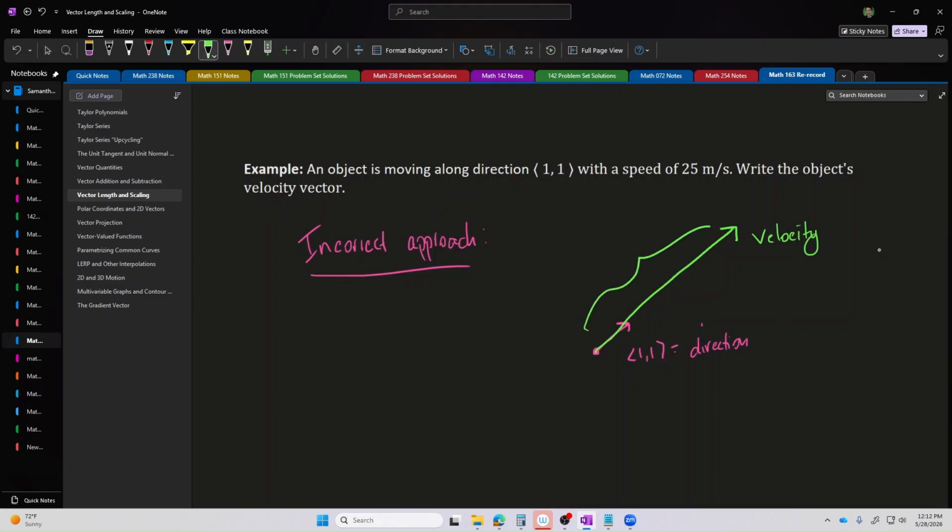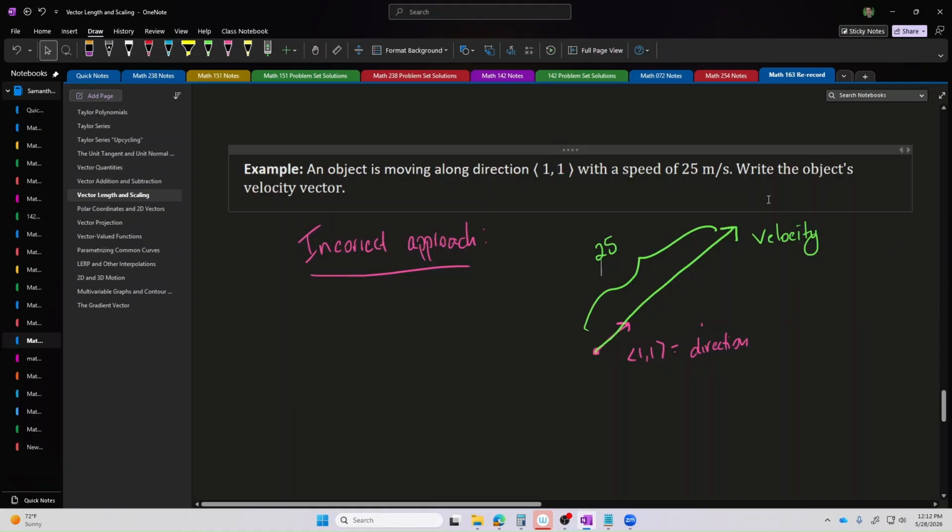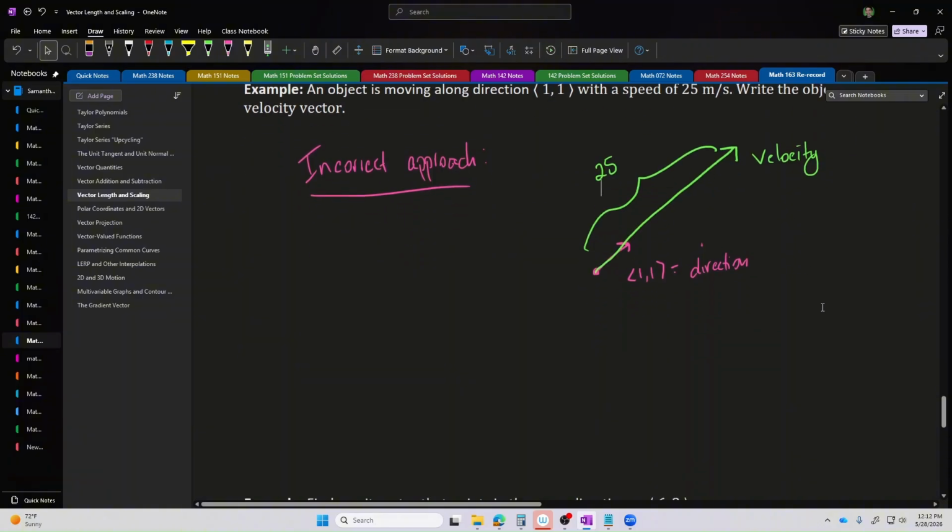So I want this velocity vector to be 25 units long, to match the speed at which the object is moving. So far that reasoning is valid, but here's the common mistake. The common mistake is to try and create the velocity vector by scaling 1, comma 1 by a factor of 25.